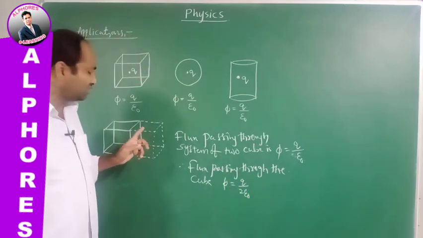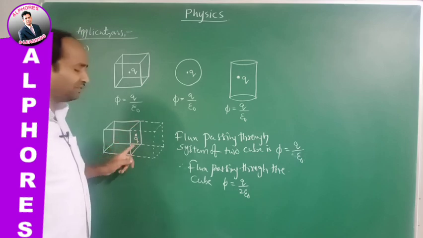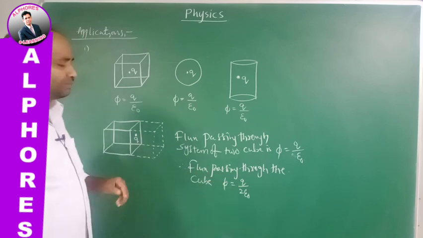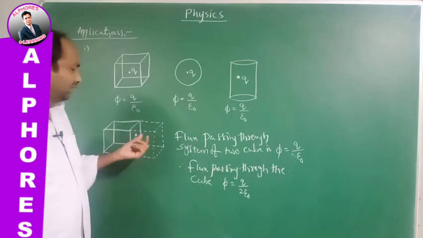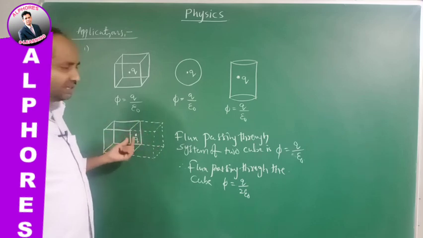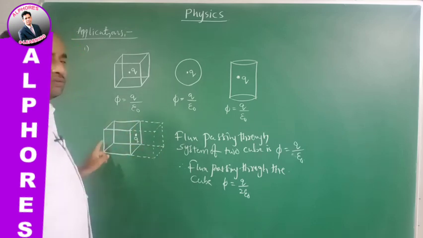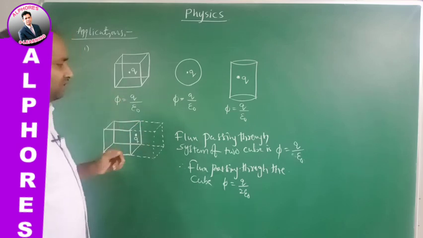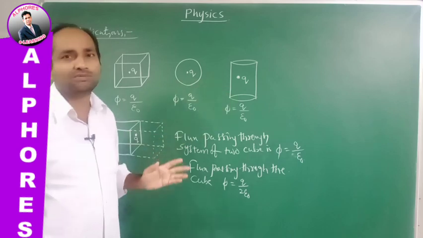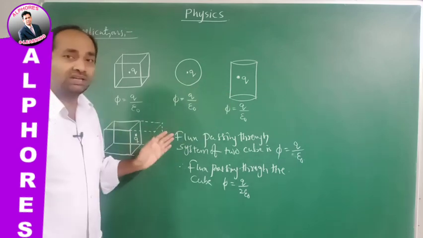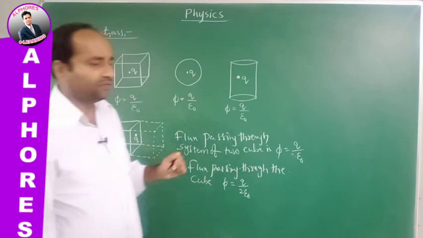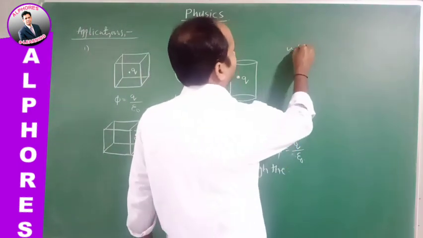When a charge q is kept at the center of one of the faces of the cube, the flux passing through it is phi is equal to q by 2 epsilon naught. Because here we should construct an identical surface enclosing this charge, then this total system of two cubes is taken as a closed surface, and the flux passing through the system of two cubes is phi is equal to q by epsilon naught. But actually one cube is there, so the flux is phi is equal to q by 2 epsilon naught.